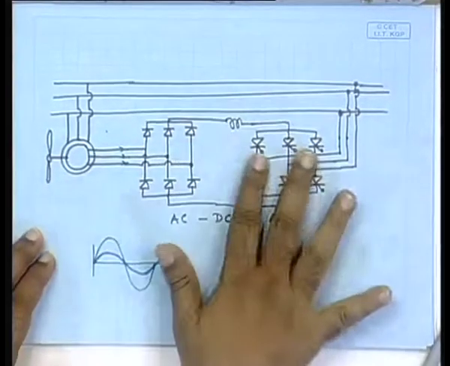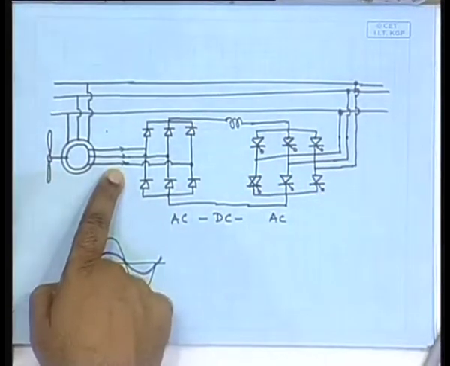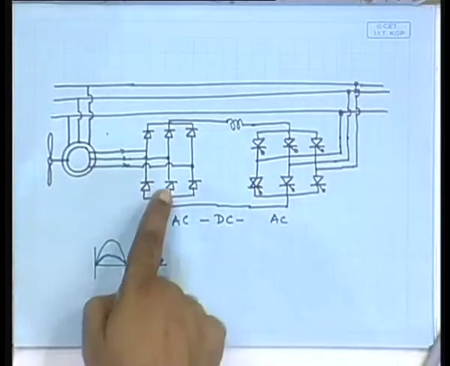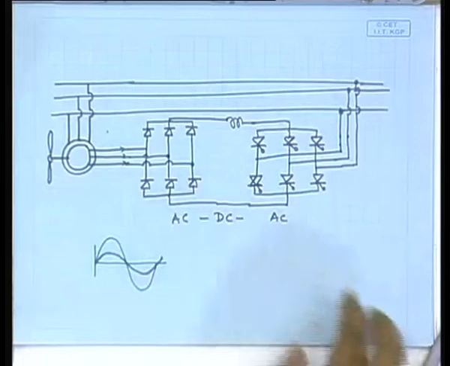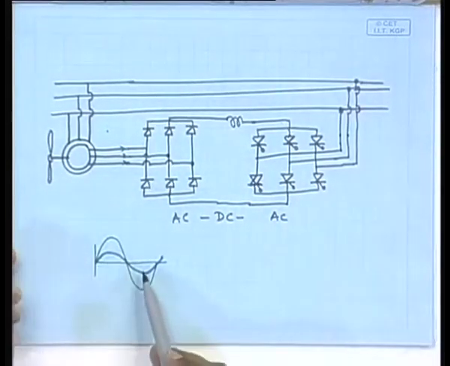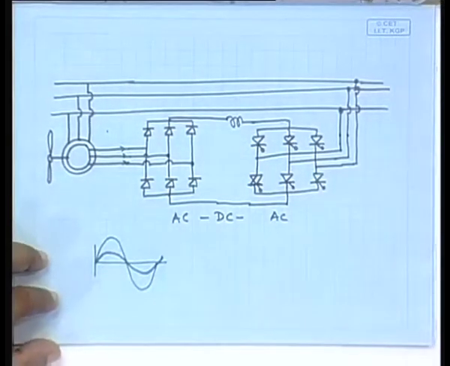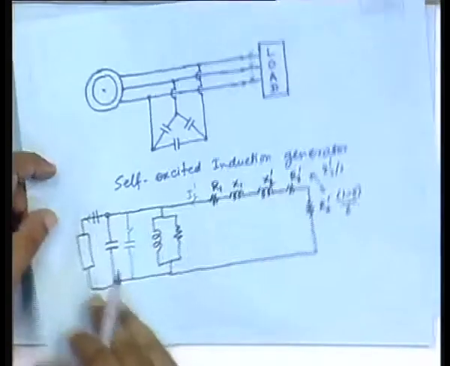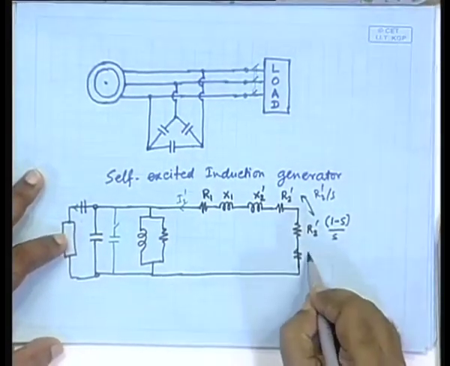Even though this is not a resistance, it is a completely different affair, but effectively these terminals will see a resistance. Why? Because it is an uncontrolled rectifier, and so the current will flow in phase with the AC, and therefore it will see a resistance. It will see a resistance means effectively it will see as if an additional resistance has been connected to it. Say, let us call it Rx.